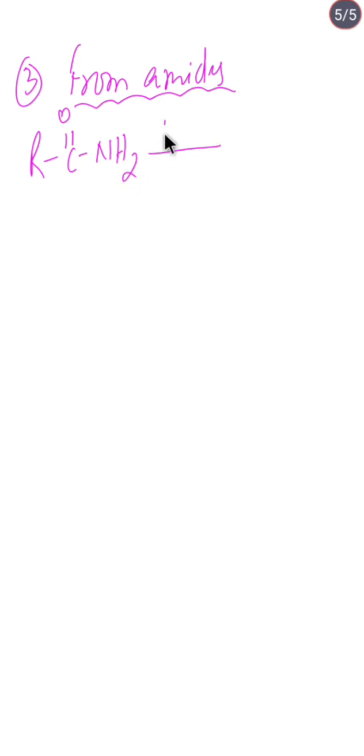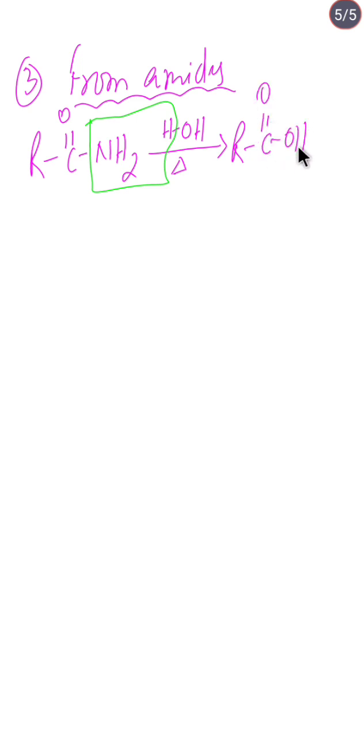When it is reacted with water and heated, the reaction undergoes simple removal of ammonia to form RC double bond OH plus NH3. NH3 will be the byproduct. Okay, this is our amide, and let me give one example here.